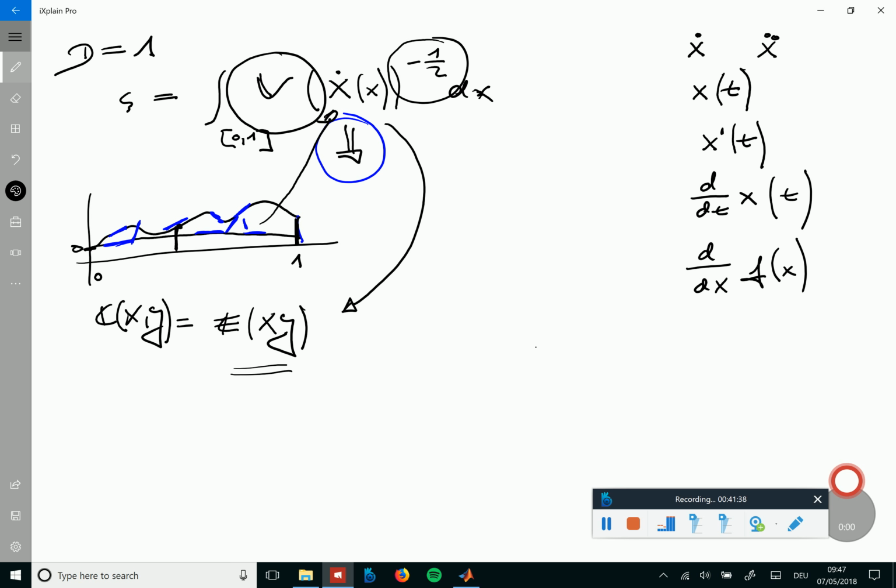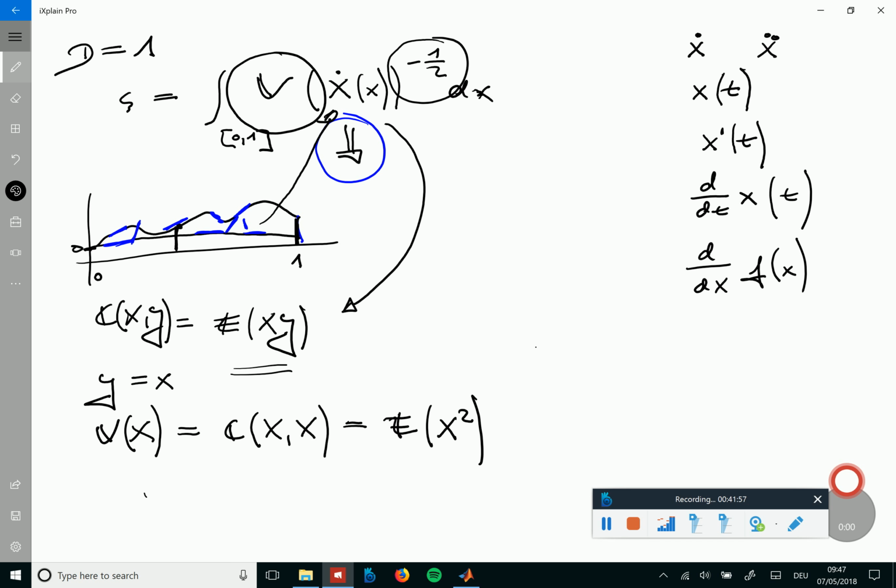And now if we have y being x, then we also said that the variance of x is the covariance of x with itself. In the one-dimensional case, this is the expectation of x squared. And this is helpful, because essentially what this means is that you weigh positive and negative slopes equally, something you're familiar with. So you're essentially computing the absolute value.